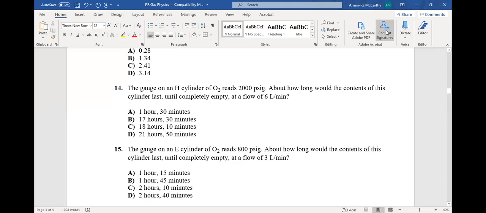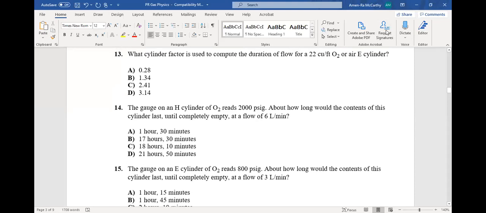All right. Number 13, what cylinder factor is used to compute the duration of flow for a 22 cubic foot O2 or air E cylinder? E cylinder. What is the cylinder factor for an E cylinder?